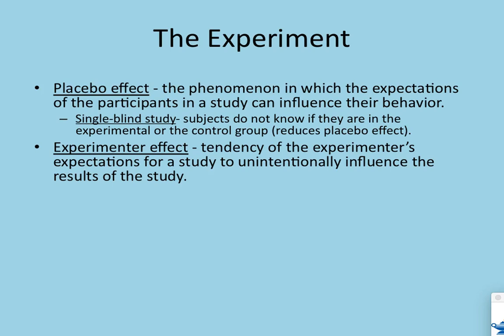So if I know that Nico is in my experimental group and Ramsey's in my control group, every time Nico comes in and is losing a ton of weight, is that going to make me happy? And if I know every pound he loses is making me money, I'm going to be like, oh my God, Nico, it is so great. High five, man. You are losing so much weight. I am so proud. Oh my God, so excited. Money, money, money. Yay! Goodbye, Nico.